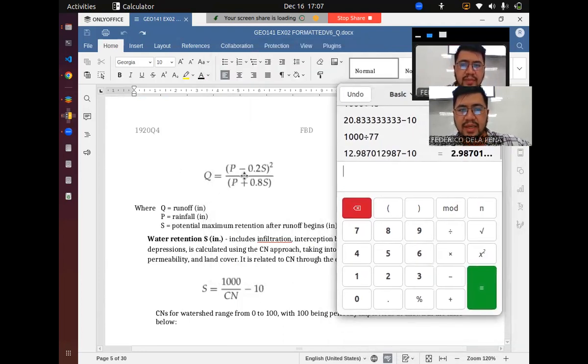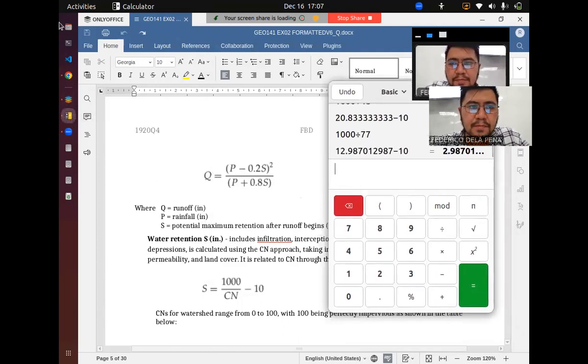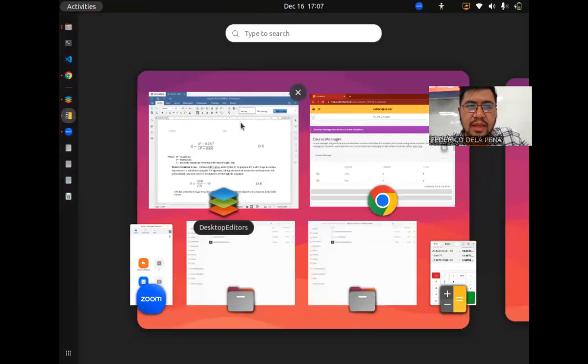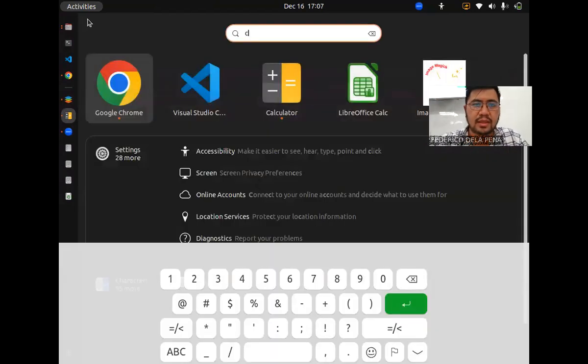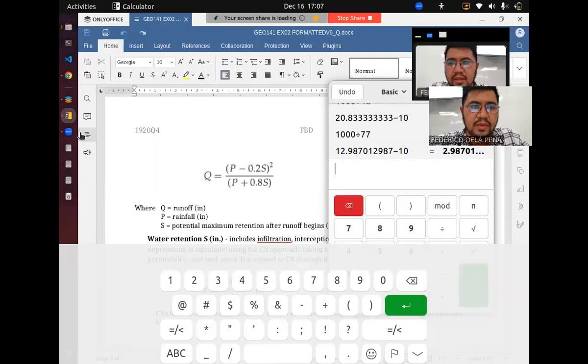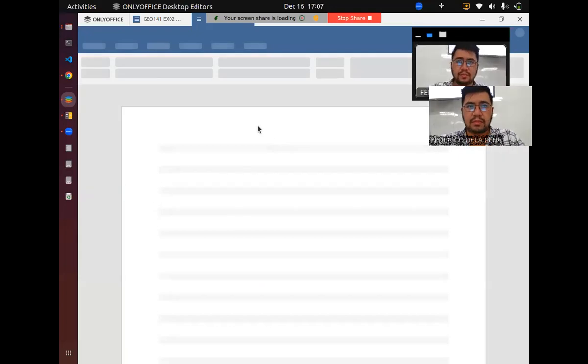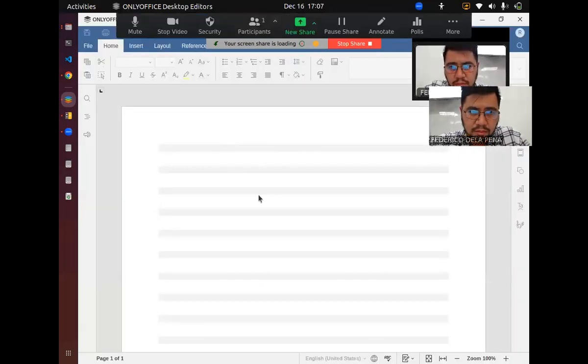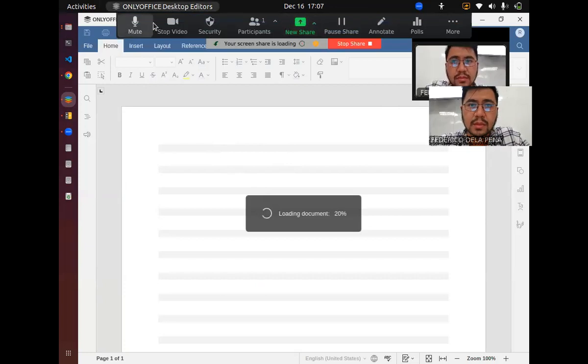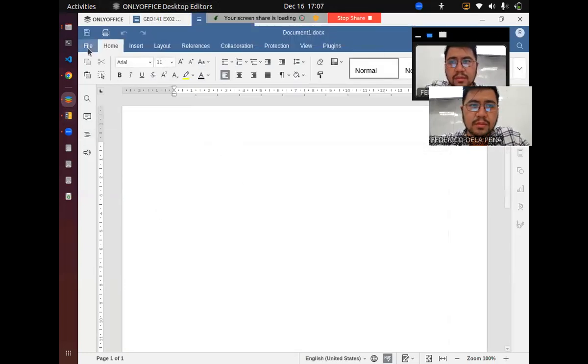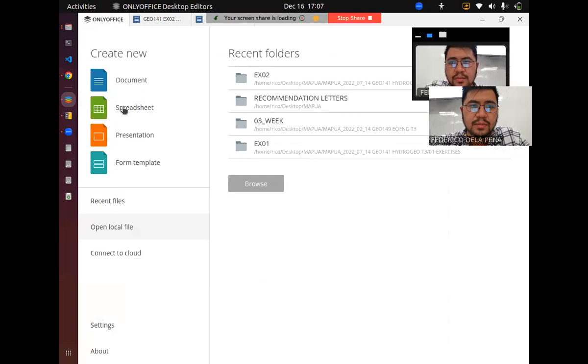Q is equal to P minus 0.2 S squared, but I think this one's easier done by using spreadsheets.